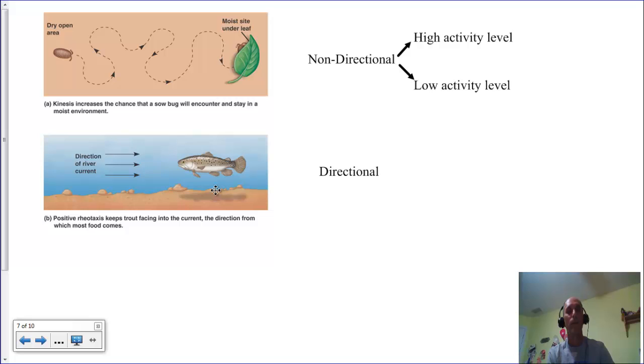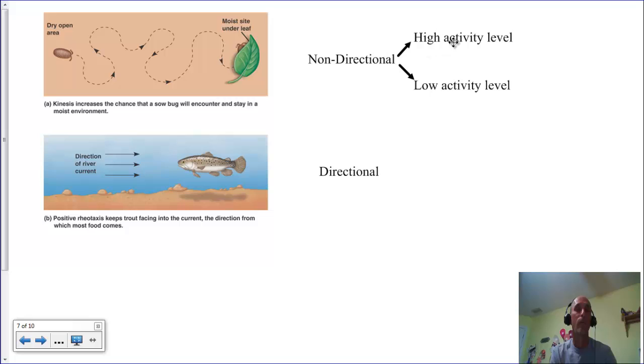Now, kinesis, like we see with this bug here, is a little bit more random. It's non-directional, and the kinesis is basically going to be measured in two ways. If we have the kinesis occurring and we have a very high activity level, let's say the temperature is rising and humidity is dropping, you may see this pill bug be very active. But then if it finds a moist place to stay, like you see in the picture where it's staying under a leaf, it's like, oh, I like the temperature and the humidity here.